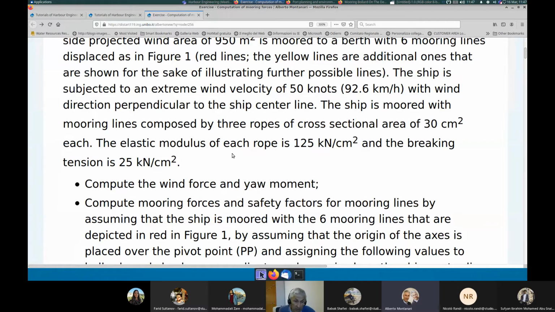And of course, the breaking tension is given per square centimeter, which means that in order to get the breaking force of each mooring line, you have to multiply 25 times 90, and then you get, let me see, 2,250 kilonewton, which is the breaking force of each mooring line.